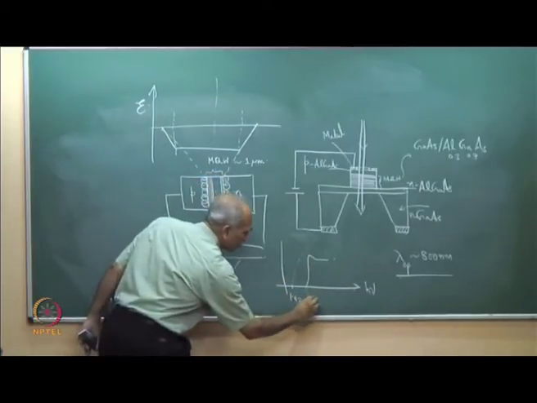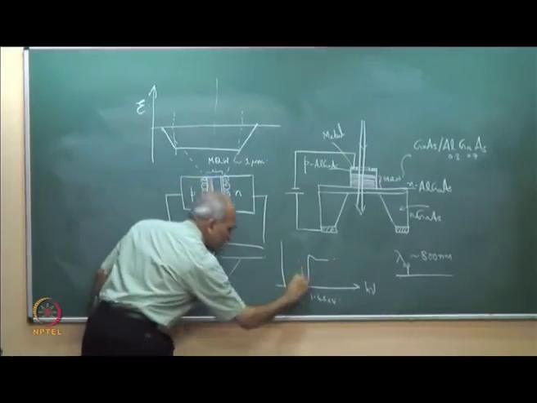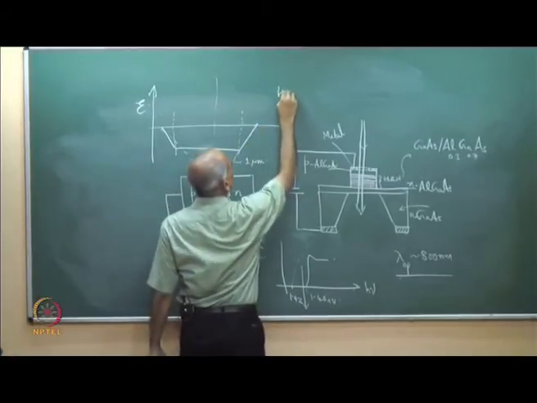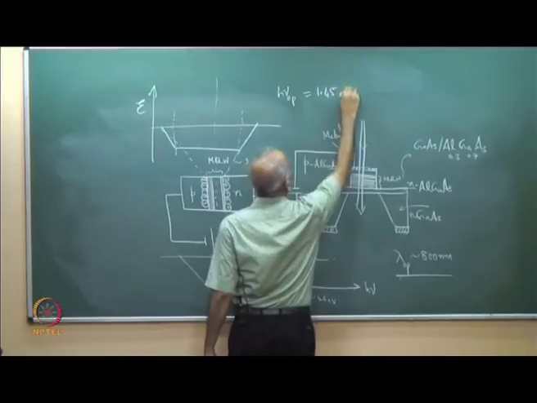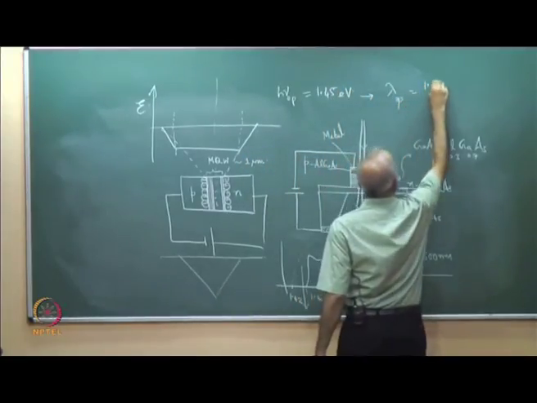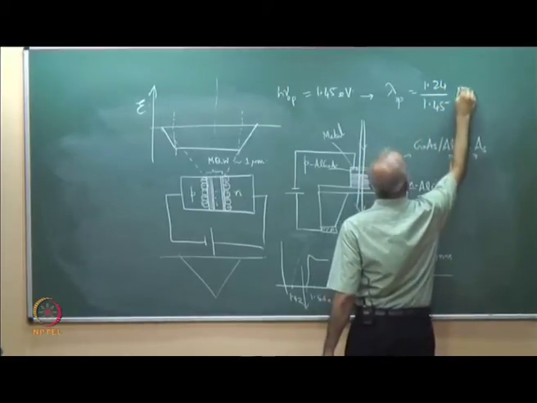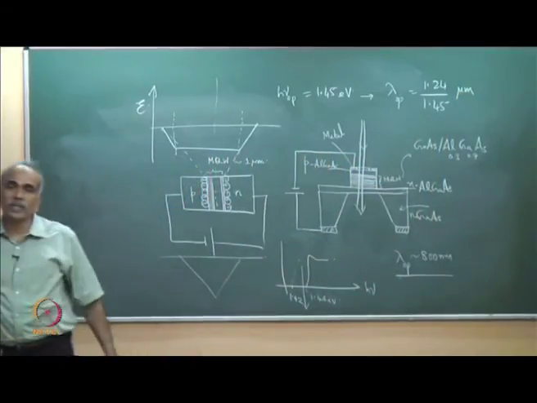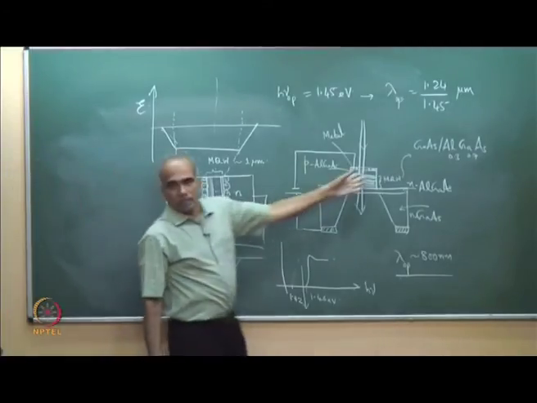So, this may be about 1.46 eV. Your operating energy has to be somewhere here, say h nu OP is 1.45 eV, which means lambda operating is equal to 1.24 divided by 1.45 micrometers. That is about 800 nanometers, 0.8 micrometers, because I have used gallium arsenide.